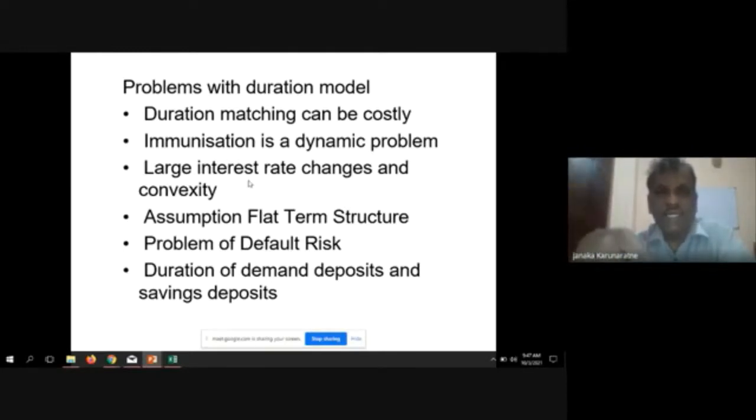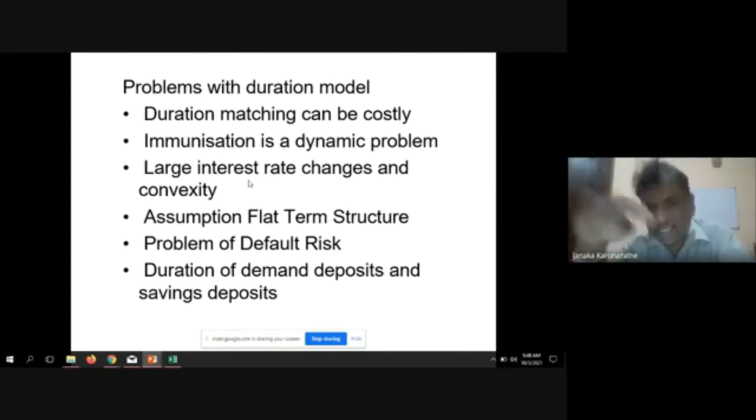And again, the large interest rate changes and convexity, because we can't use the simple formula for large interest rate changes, but we can use the convexity adjusted formula. Now the flat term structure. We assume the term structure is flat, and the ups and downs are the same.